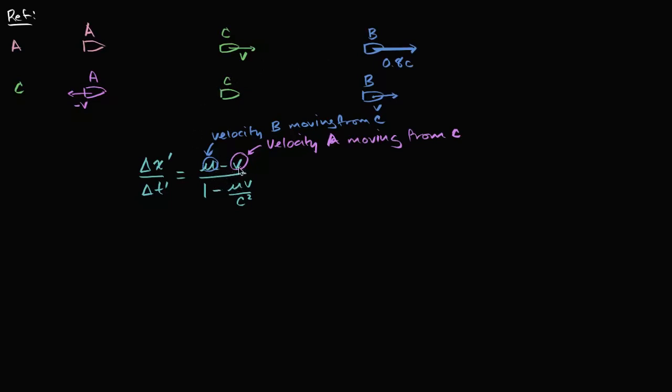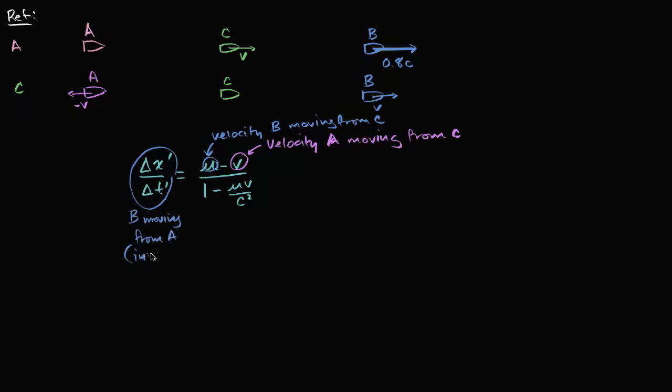I'm like, okay, V is the velocity A is moving away from C, and U is the velocity B is moving from C. And in that case, we can view delta x prime over delta t prime as the velocity that B is moving away from A in A's frame of reference. So B moving from A in A's frame of reference.